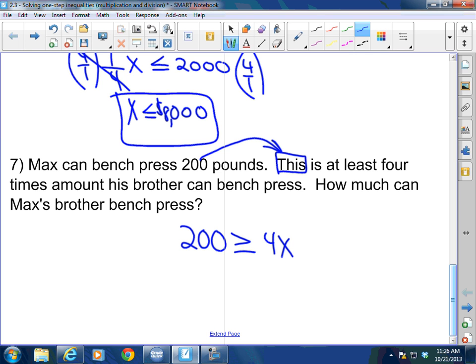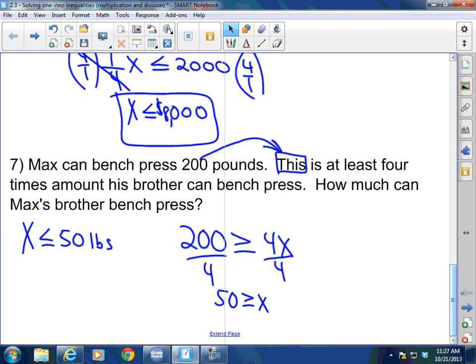Awesome. Now, how do we solve for this? Divide by 4. That's exactly correct. Very well done. His brother can bench press x is less than or equal to 50 pounds. Very excellent. Does that make sense? Yes, sir, for number 6.